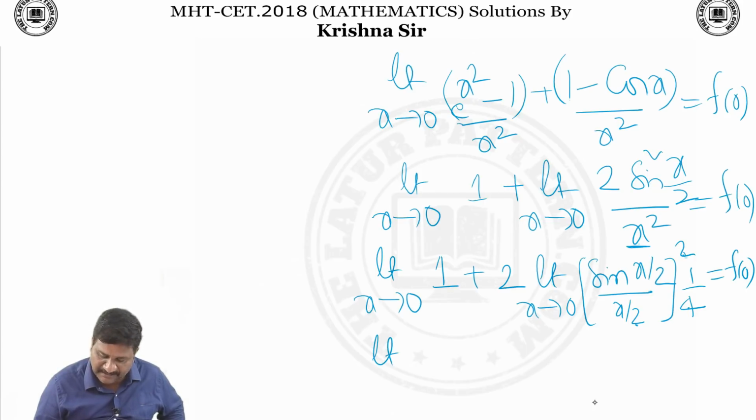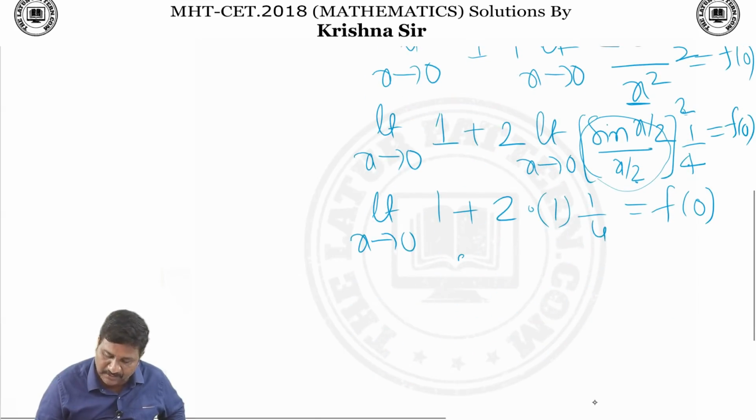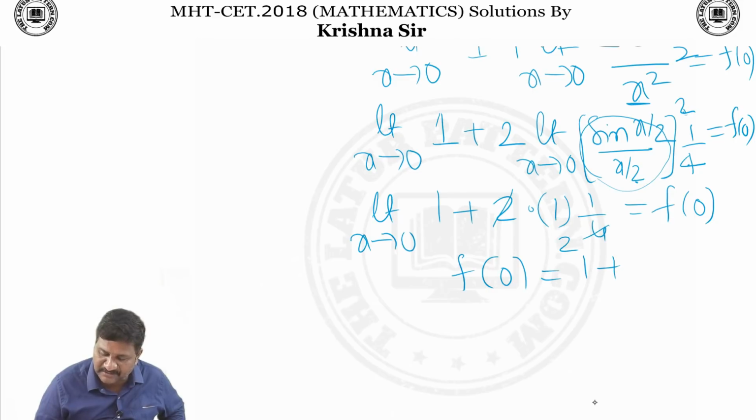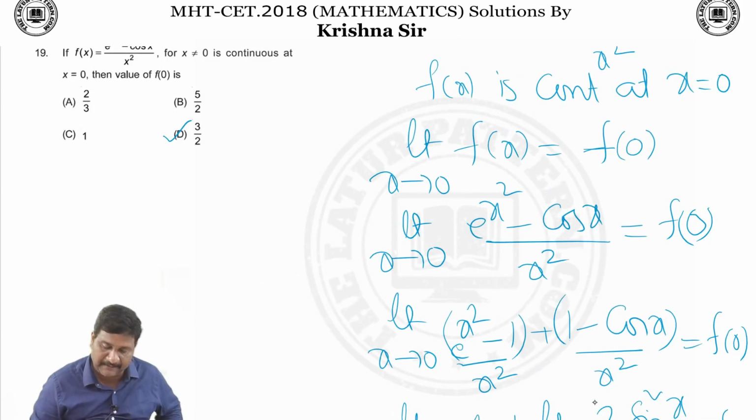So limit x tends to 0, 1 plus 2 into this limit value is 1 into 1 by 4 is equal to f of 0. So f of 0 is equal to 1 plus 2 times 1 by 4 cancels, which is equal to, taking LCM, 3 by 2, and from our options the option is D.